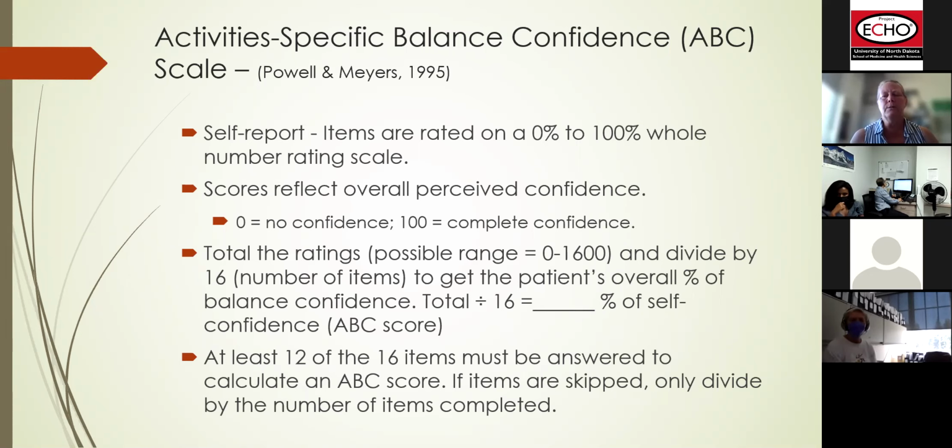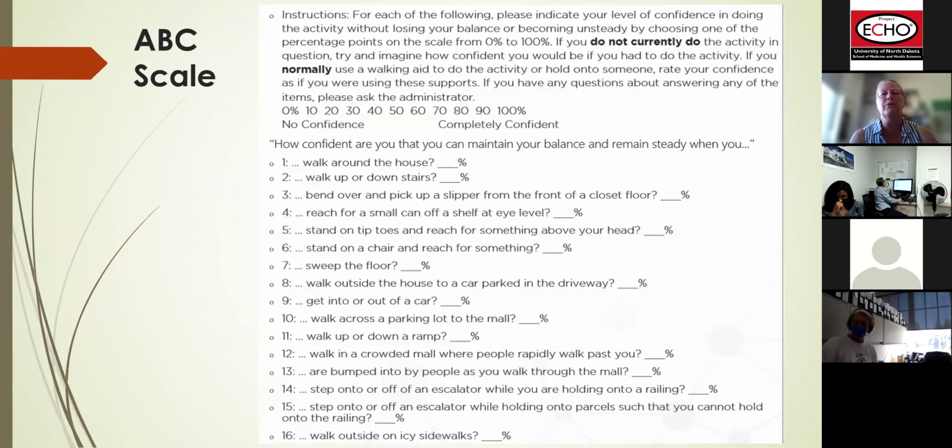If they skip an item, you just divide it by the number of items they answered. So this would be an example of the ABC scale. It gives you a little bit more information than the CDC quick scale. If you wanted to know more about confidence, I've used this quite a bit when I go out and do fall prevention, just to see how confident people feel.